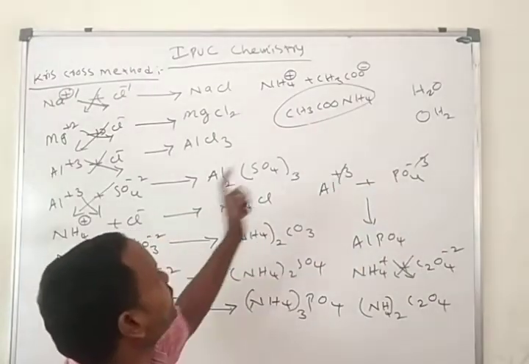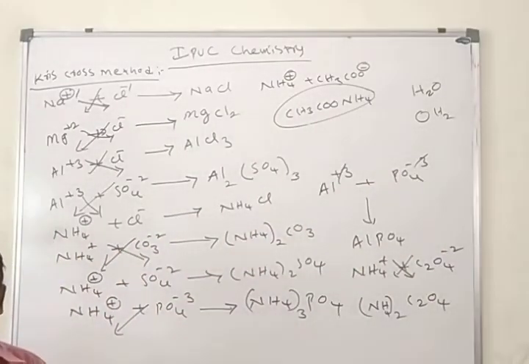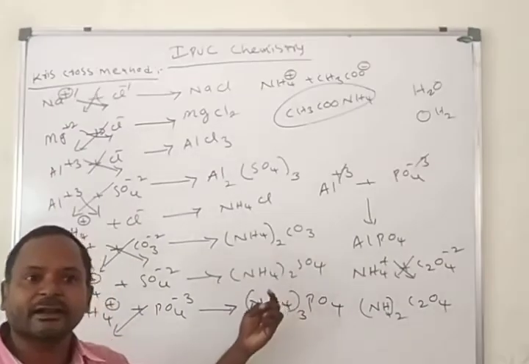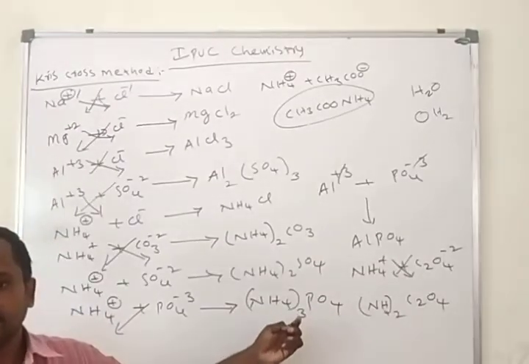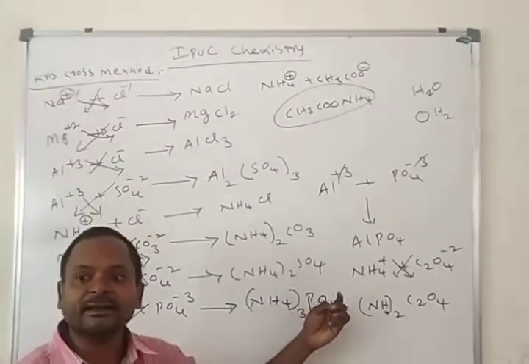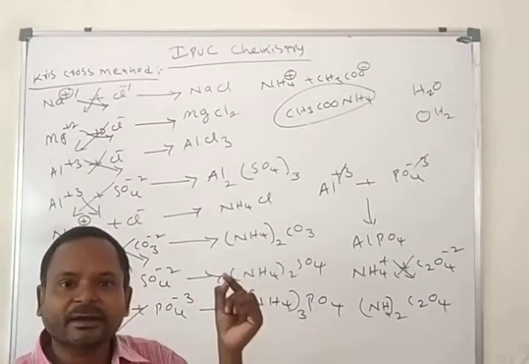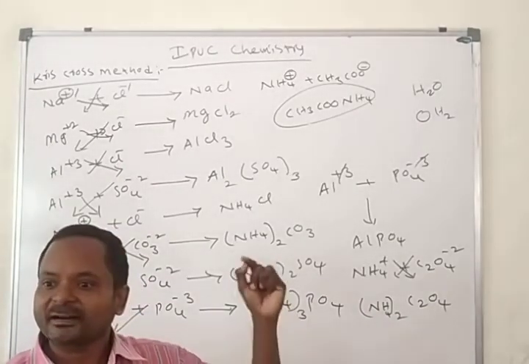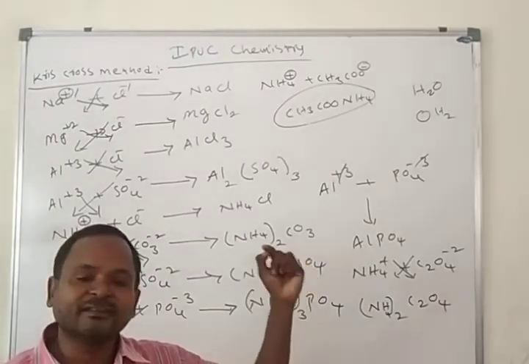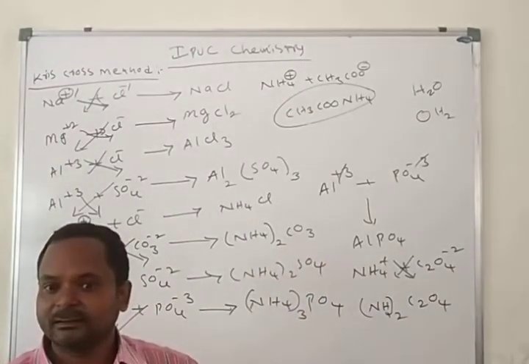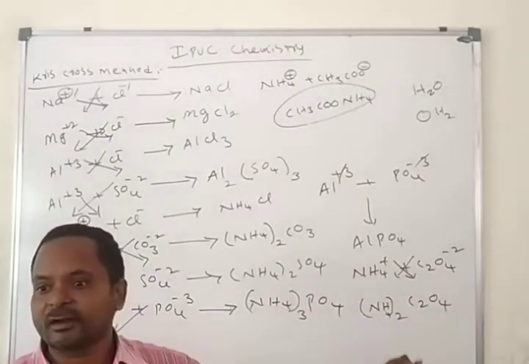Okay, this is about the crisscross method. I gave nearly 20 cations and 12 to 30 anions. That means you take one cation, write with the 13 anions, and we'll get 13 chemical formulas.